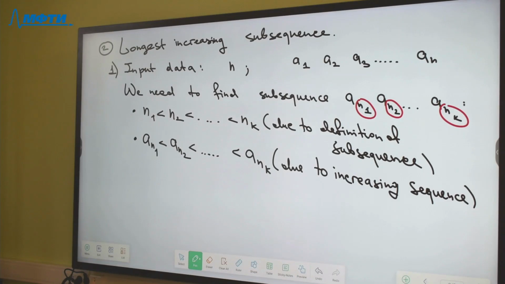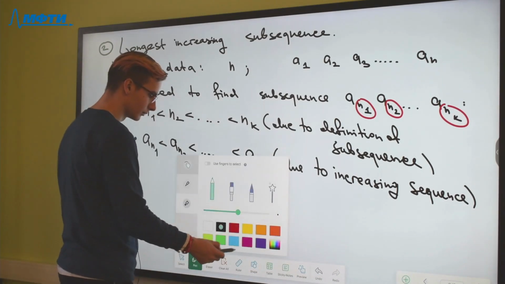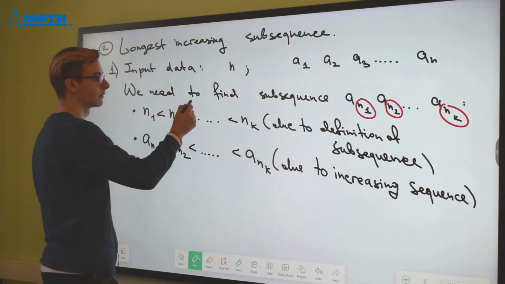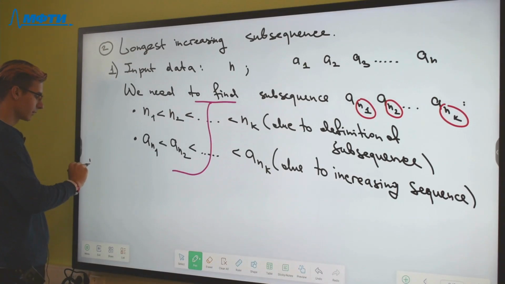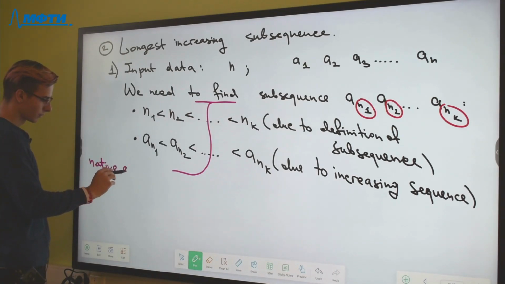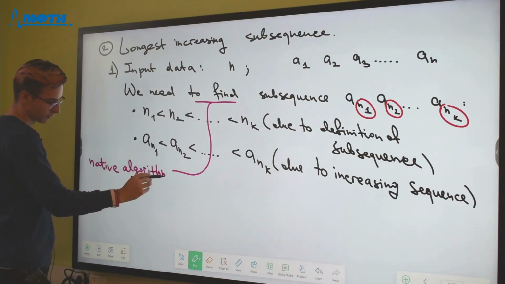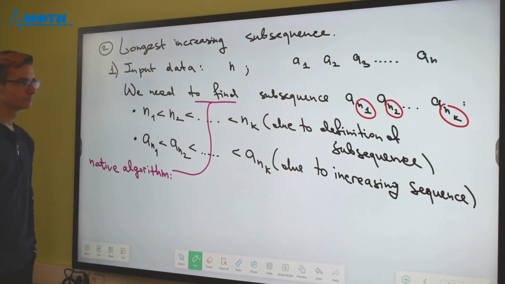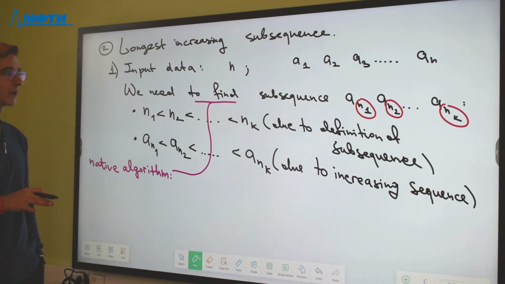So now we can find this. What is the naive algorithm for it? There are different ways to improve the algorithm.